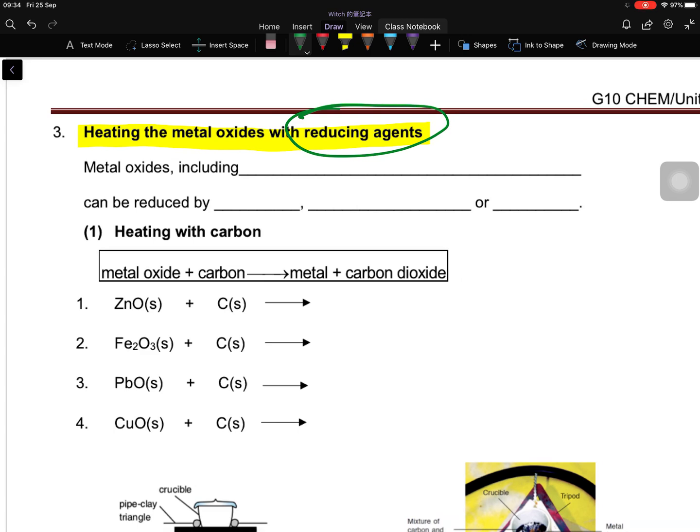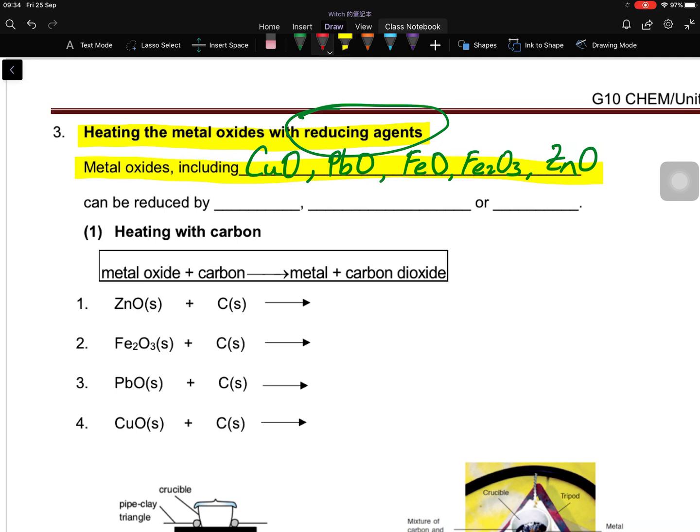The first one is copper(II) oxide, lead(II) oxide, iron(II) or iron(III) oxide, and zinc oxide. All these elements, their compounds, can be extracted by this method.